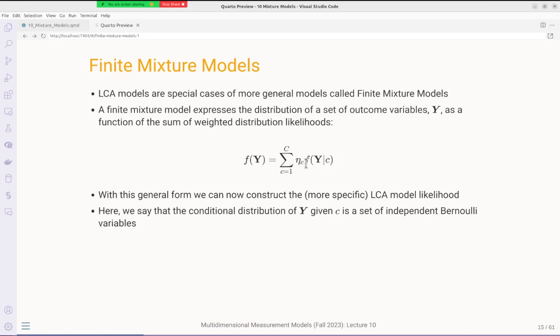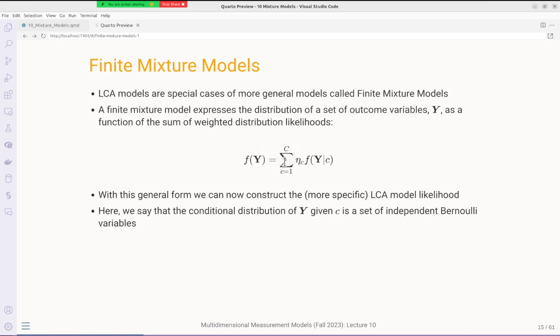Yeah, and this eta c, again, is the proportion of people in each class. It goes by a lot of different words. In the mixture model world, sometimes we call this a mixing proportion. It's literally how much of this distribution is added to how much of that distribution, right? In other frameworks, we might call this a base rate probability. In other languages, we might call this a prior probability, right?